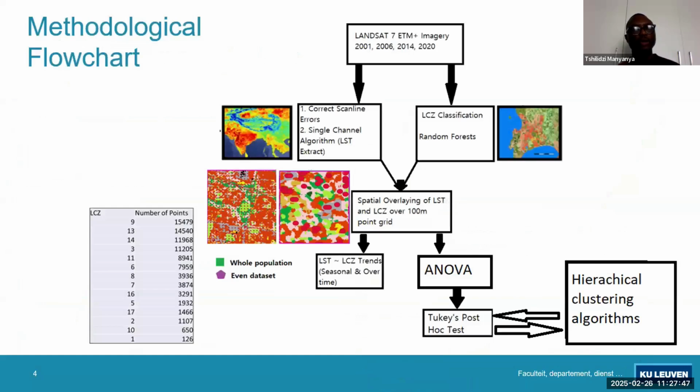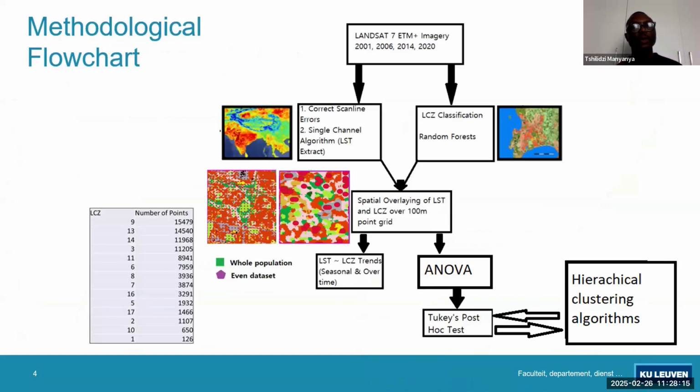So I'm just going to run you through the methodological framework. I'm not going to go into detail, but I will touch on the most important aspects of it. We start with Landsat remotely sensed images, from which we then classified the local climate zones using random forests.